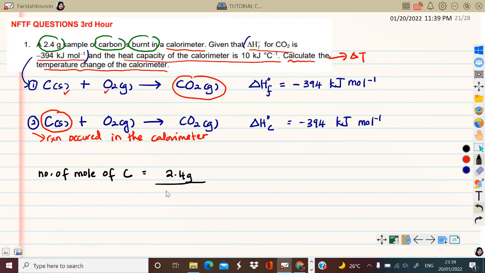The molar mass of carbon is 12.0 gram per mole. Use your calculator and you will get the number of moles of carbon, which is 0.200 mole.